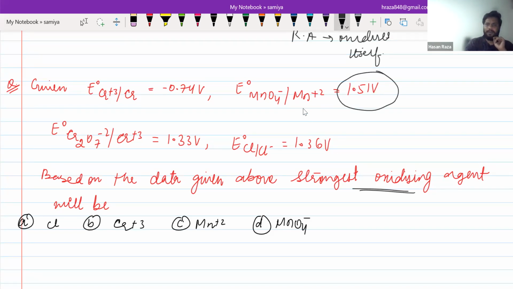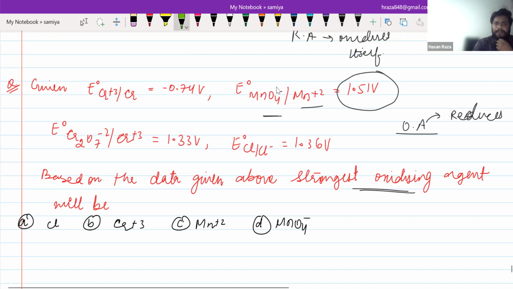So either which one it will be, Mn plus 2 or MnO4 minus. So we are going for oxidizing agent. Oxidizing agent is the one which reduces itself, or reducing agent is the one which oxidizes itself.